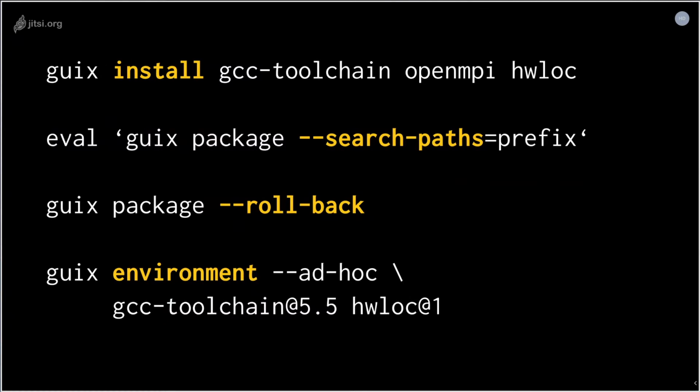The second command is probably less common. I don't know if it's the same for you, but I'm always struggling with environment variables. What that second command does here is define the right environment variables to use the package that I just installed.